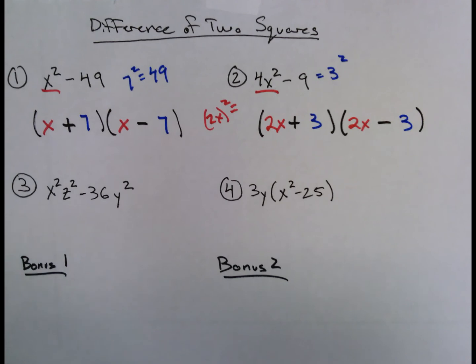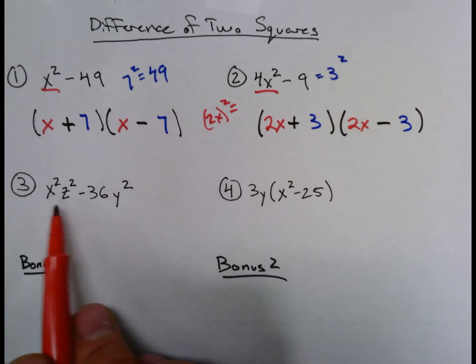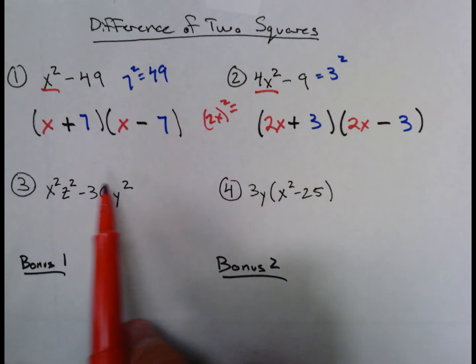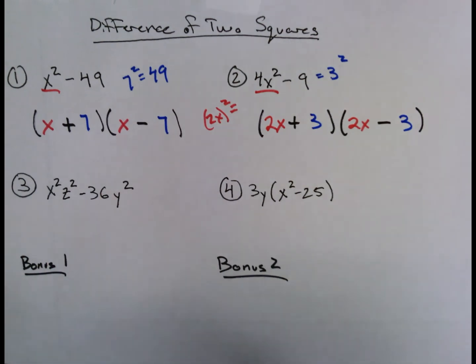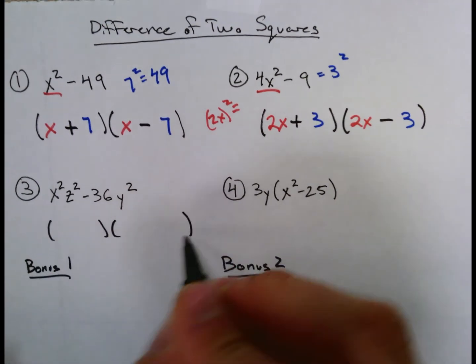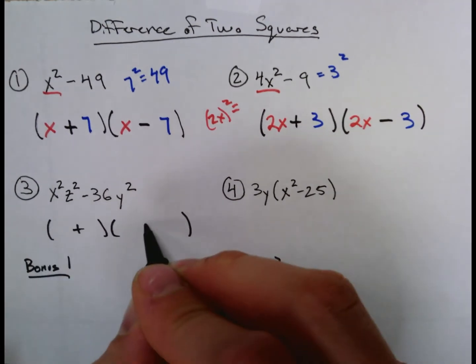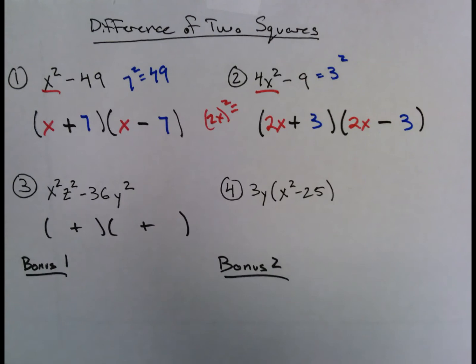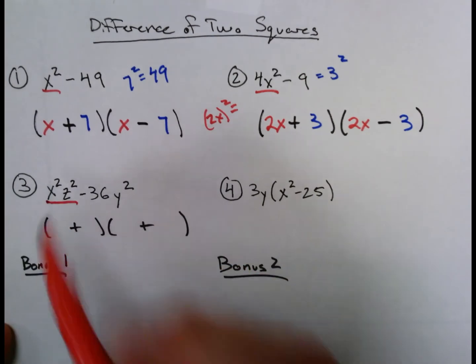Getting to slightly more complicated problems, here we do have a difference as well. And you say, okay, is something squared x squared z squared? And is something squared 36y squared? Yes. And so as you write those out, you're going to have a plus and a minus here. What squared is x squared z squared?